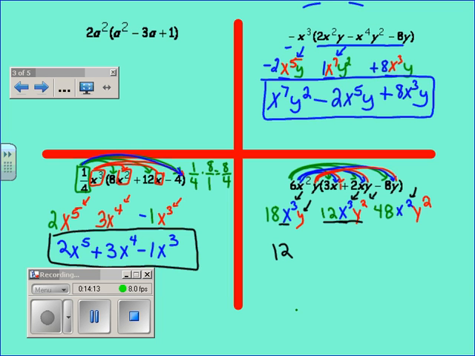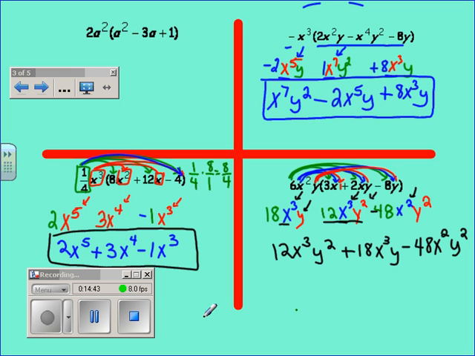So 12x cubed y squared, and we're going to have a plus because 18 is positive, 18x cubed y, and then actually this should be -48, so minus 48x squared y squared.